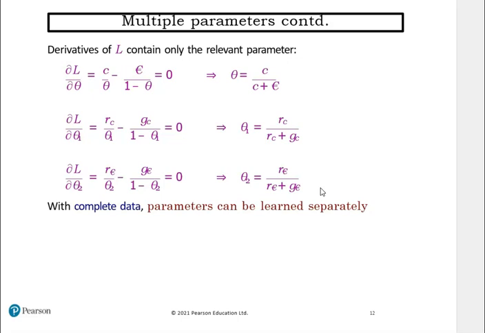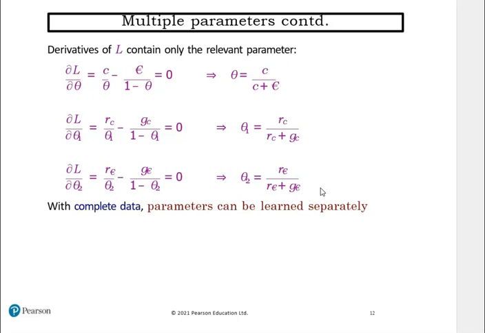So theta 1, remember, is the probability that a cherry candy has a red wrapper, and same for theta 2, the probability that a lime candy has a red wrapper.